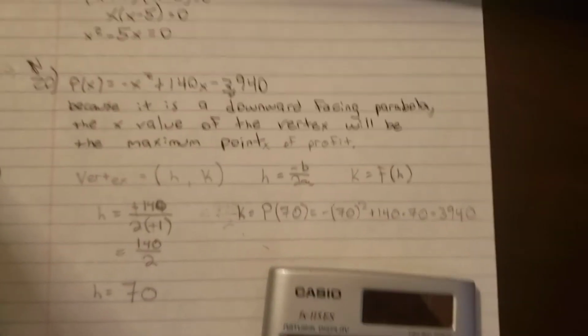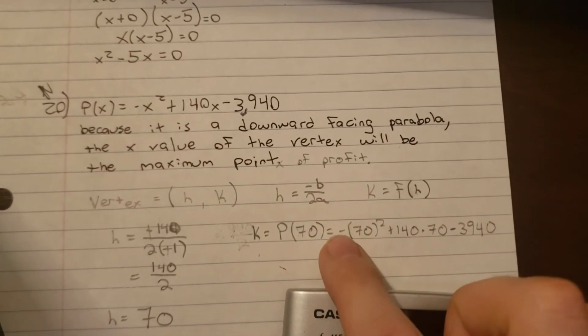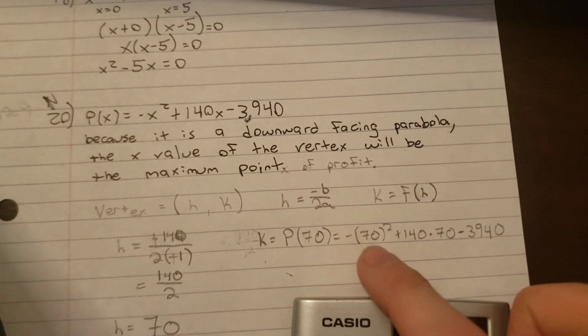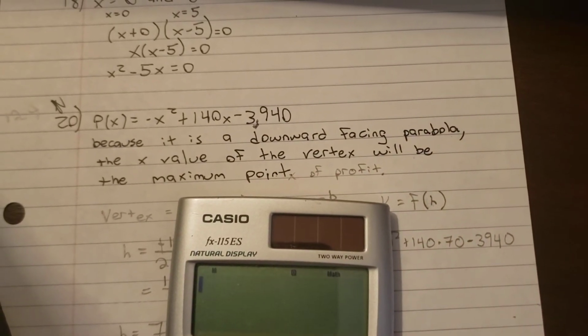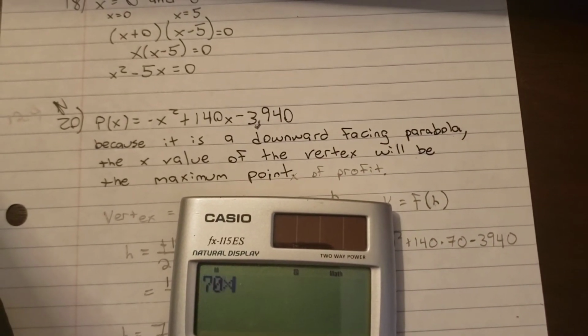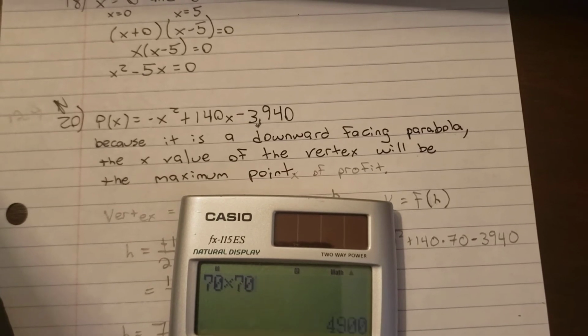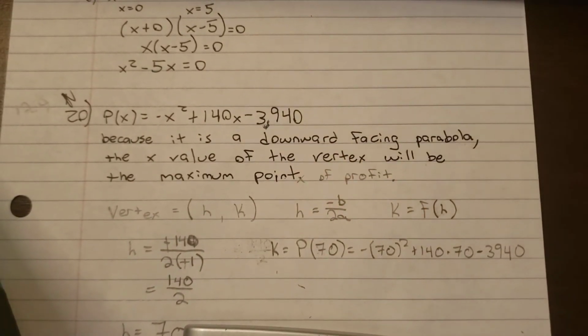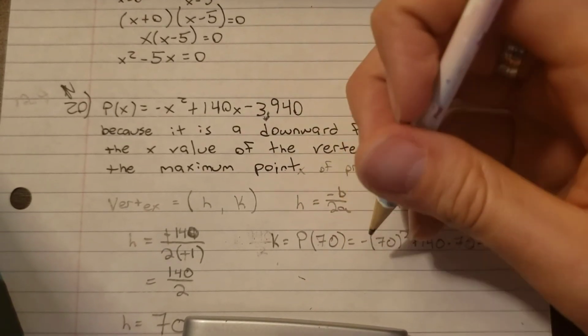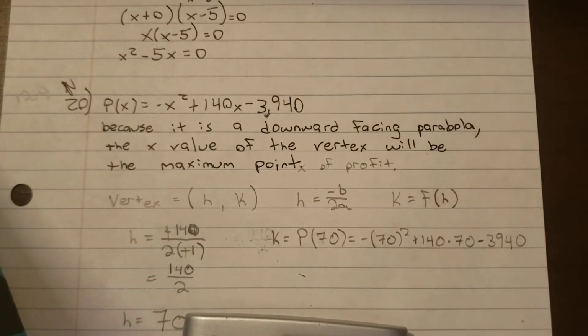Okay. Now it's important to remember that this is on the outside. So when I plug it in, I'm going to do 70 squared, 4,900. So it's going to be, shoot, hold on a second.